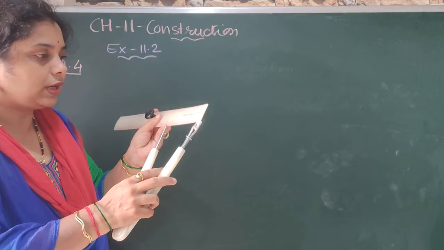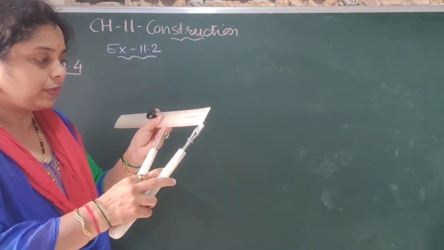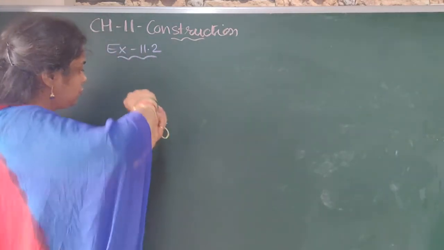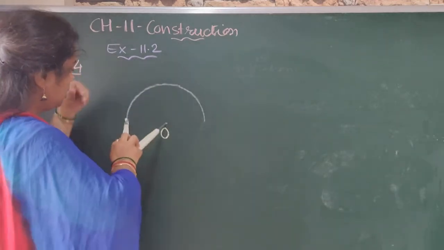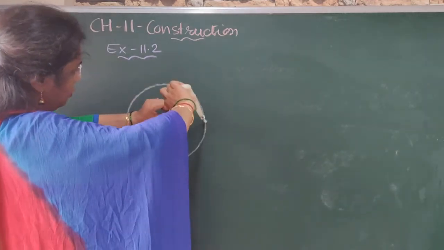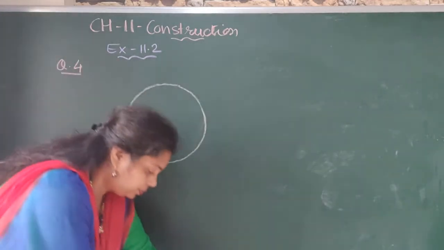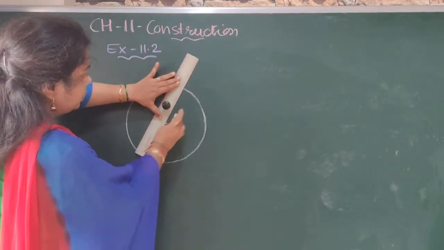So you can take a radius of 5 centimeters using scale and compass, and then first draw a circle with 5 centimeters. Is it clear? Now draw a radius, any one radius like this.